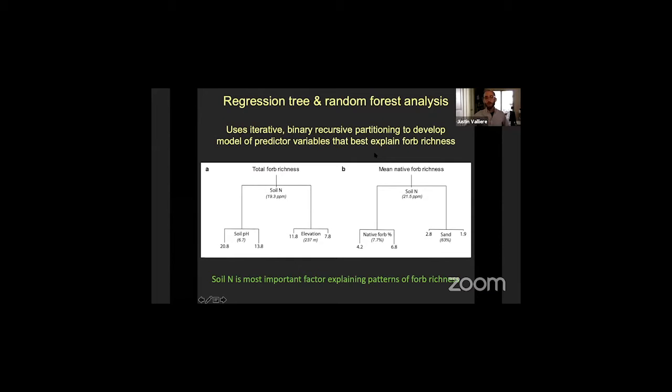And so this is the results of the regression tree. For both of these variables, soil nitrogen was the primary, most important explanatory variable and explained most of the variation in forb richness. These other variables, so soil pH, elevation, native forb cover, and then sand, explained very little variation in the data.